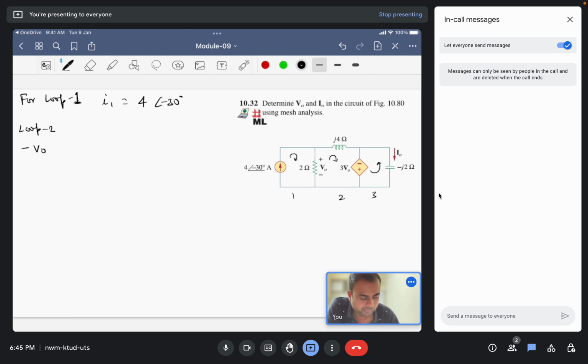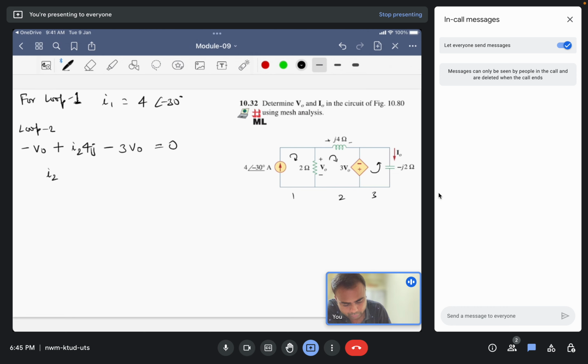This is plus minus, positive to negative, so the positive sign I2 into 4j, and minus to plus, so again a minus sign, 3 V0 is equal to 0.